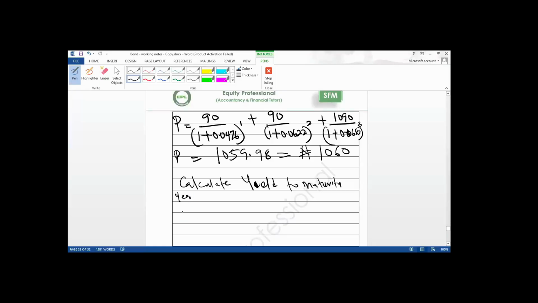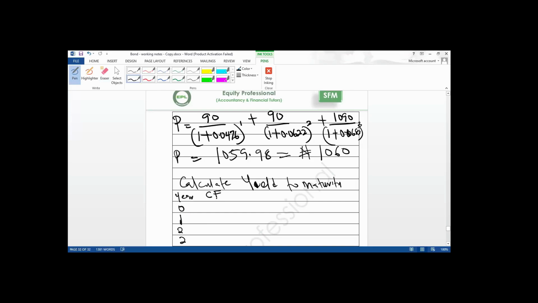You have your year 0. You can do it year 1 to 2, or you can do it in 1 set. Year 1, year 2, year 3.